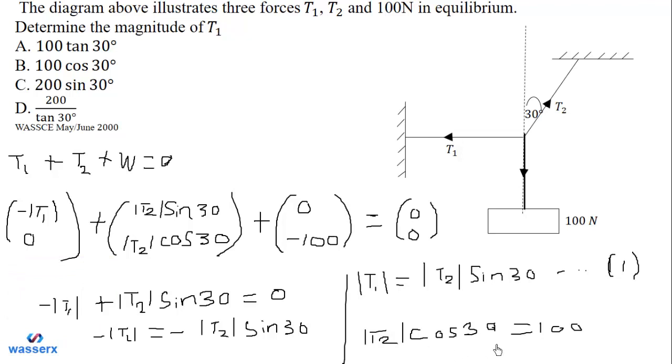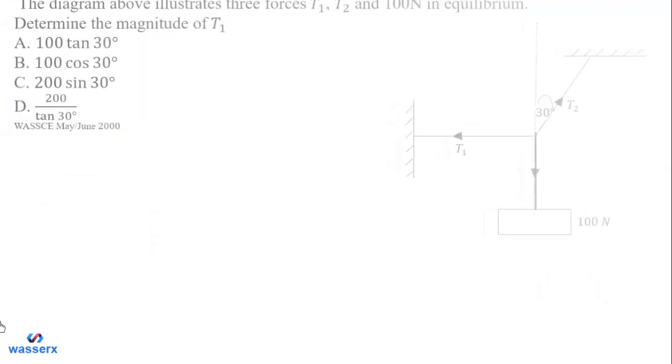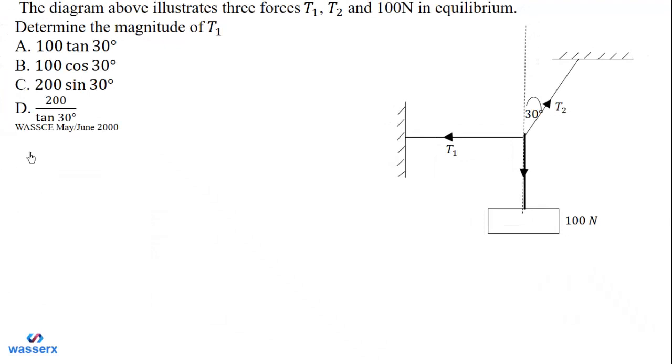Let's simplify it further. We can make T2 the subject, so magnitude of T2 will be equal to 100 over cos 30 degrees. So let's call this equation 2.